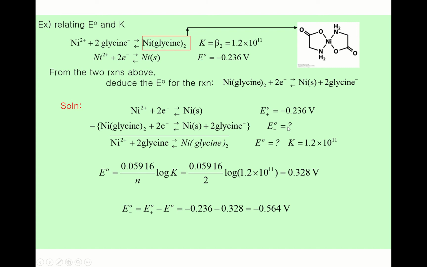But when we take a difference between these two, it becomes a chemical reaction. The first one, nickel 2 plus and 2 glycine ion, becomes a nickel glycine complex, and K is 1.2 times 10 to the 11.